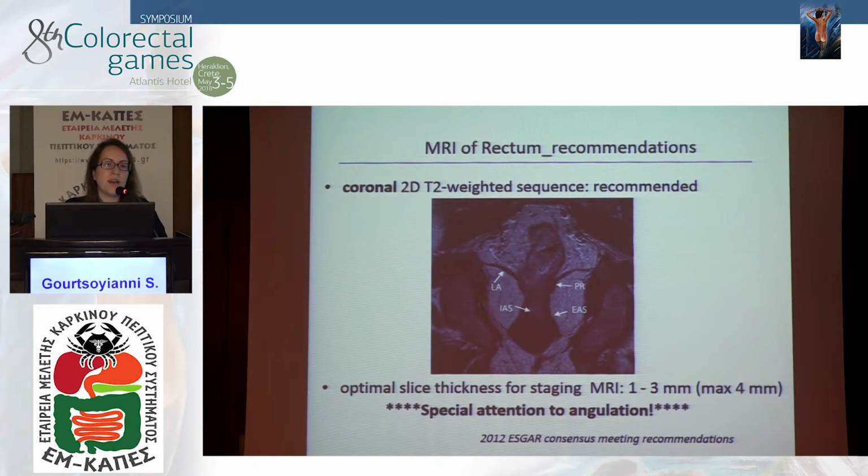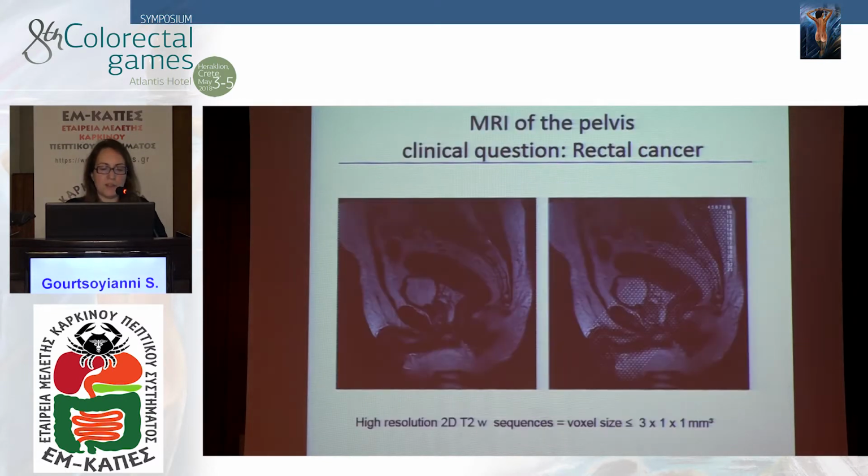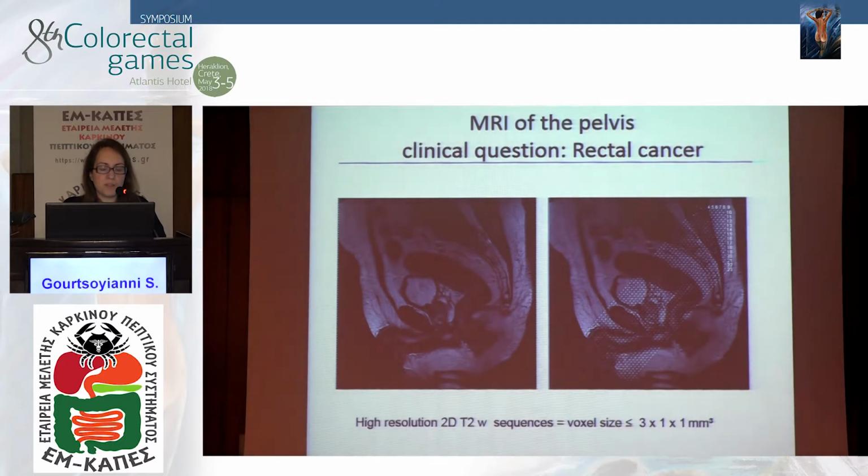Now, if we are encountering a low-lying rectal cancer, coronal T2-weighted high-resolution sequences are very important, and we have to pay special attention to the angulation. That is, we obtain the true axial images on a plane that is perpendicular to the tumor axis.